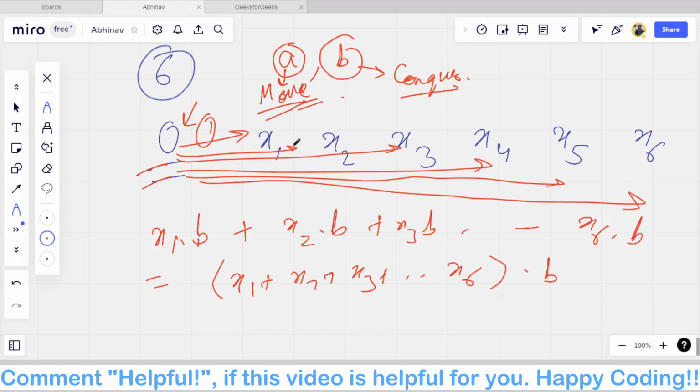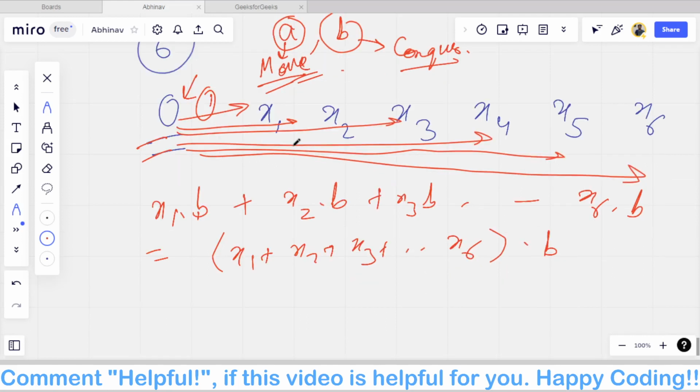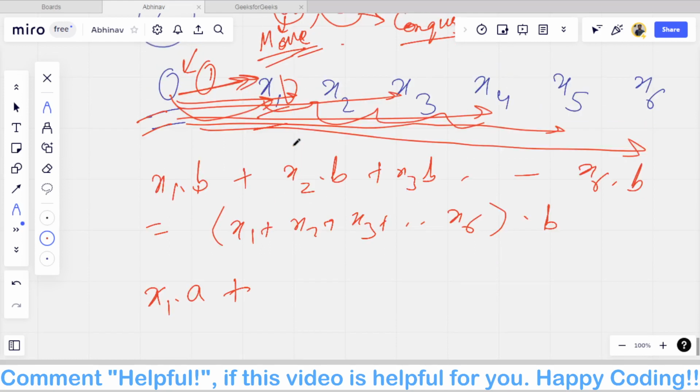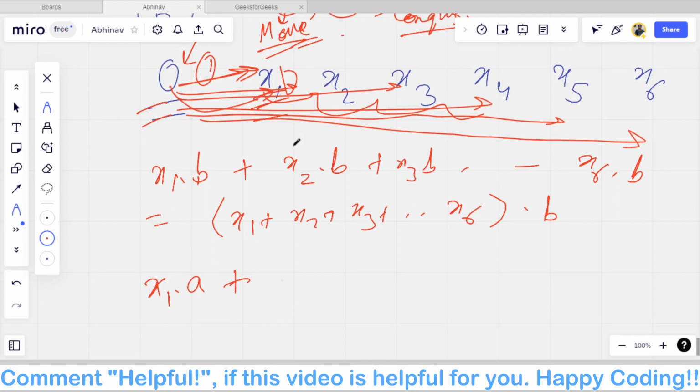Fine. Now, for example, after conquering the first, you move to the first location and then conquer the other ones from the first location itself. To move to the first location, the amount required is x1 into a. To conquer this particular location, the amount required is x1 into b.